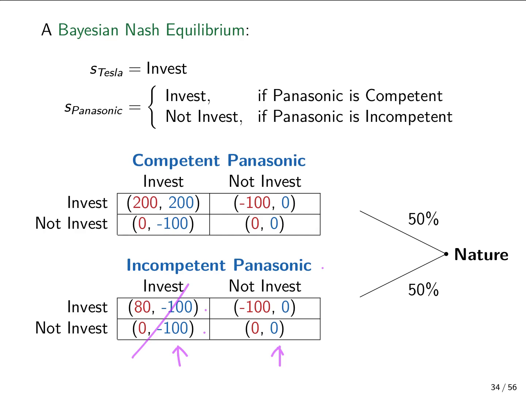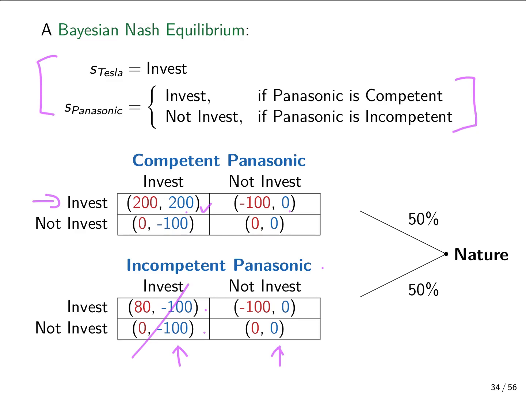For competent Panasonic, given that Tesla chooses to invest in this strategy profile, investing is going to give a higher payoff, 200 compared to 0. So this strategy of Panasonic is the best response.